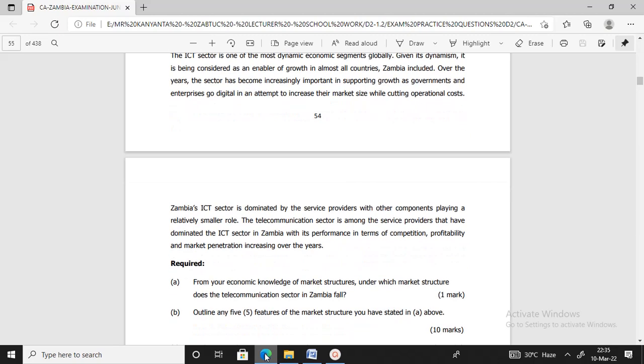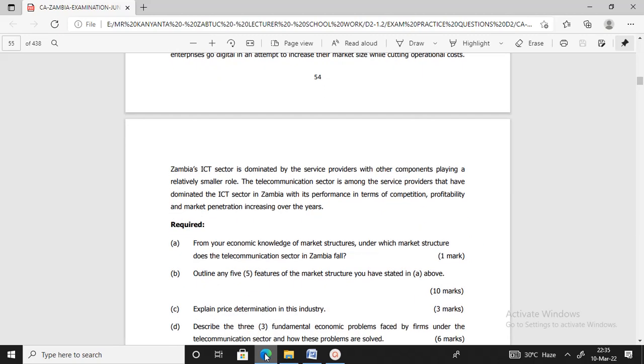Okay, so from your economic knowledge of market structures, under which market structure does the telecommunication sector in Zambia fall? Okay, so our telecommunication sector in Zambia is highly dominated by three big firms, Zamtel, Airtel, and MTN. So this is an oligopoly market structure.